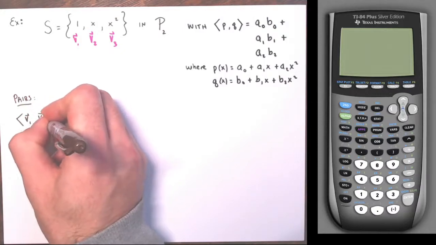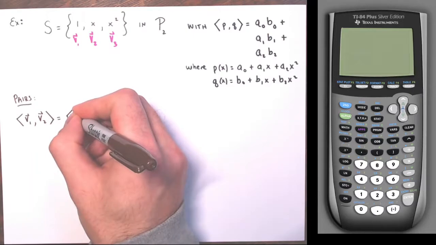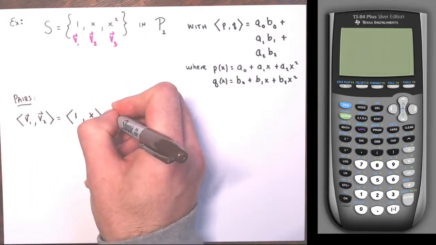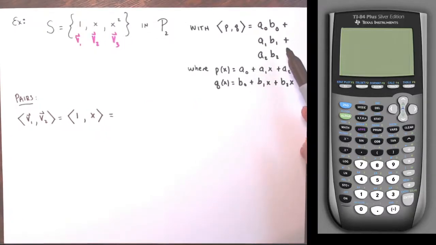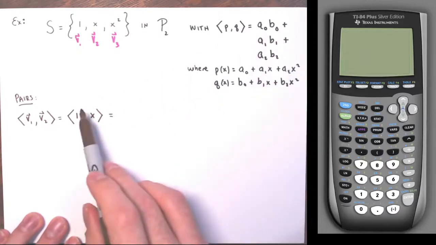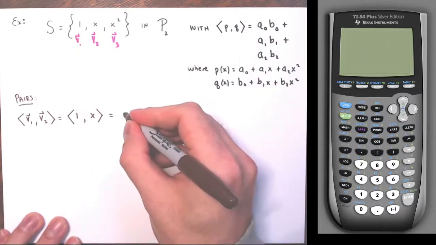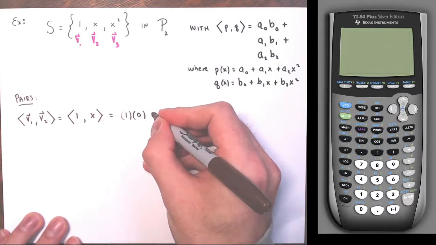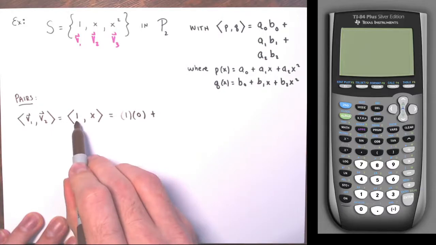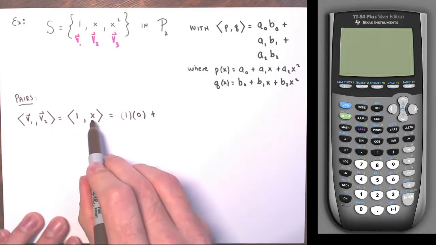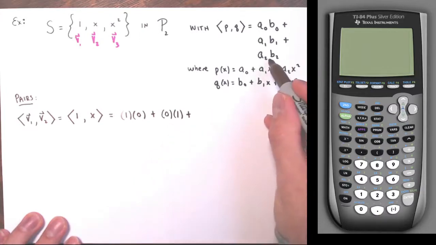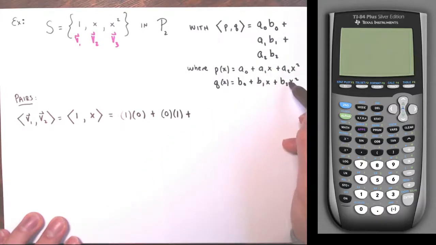So what's the inner product of the polynomial 1 with the polynomial x? Based on the definition of the inner product here, it's the product of the constant terms, that's a0 b0, so 1 times 0, plus the product of the coefficients of x. There's no x in this polynomial, so 0 times 1, plus the product of the x squared coefficients.